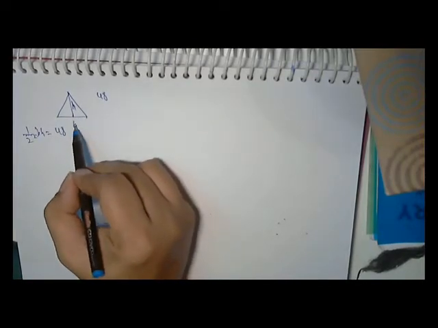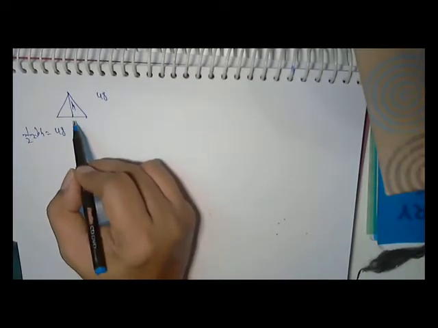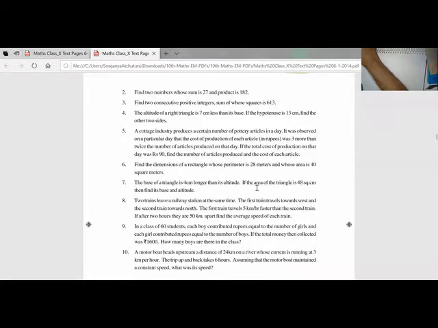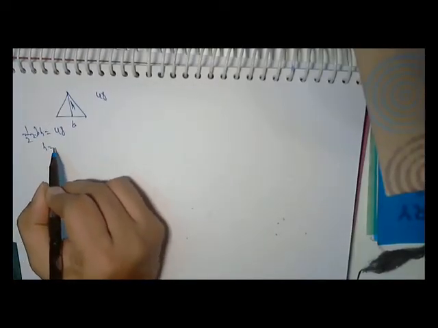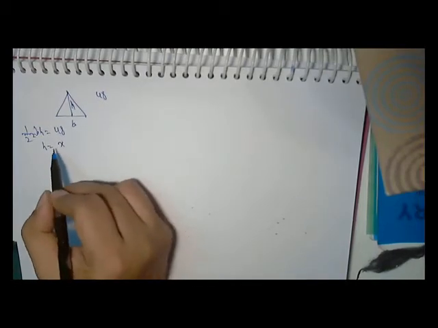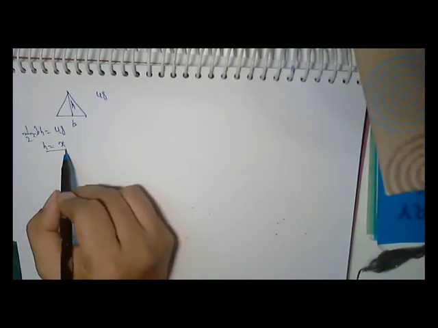So the base is more than the height by 4 centimeters. Base is 4 centimeters longer. So let the height be x. I always said we'll use the smaller quantity as x.